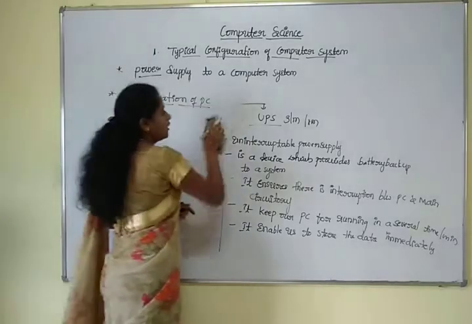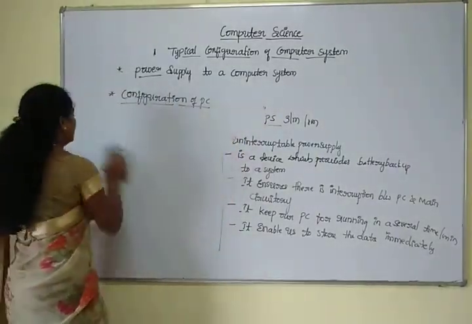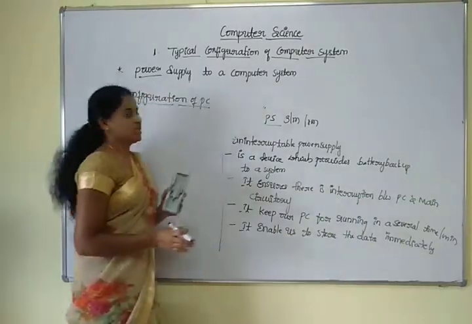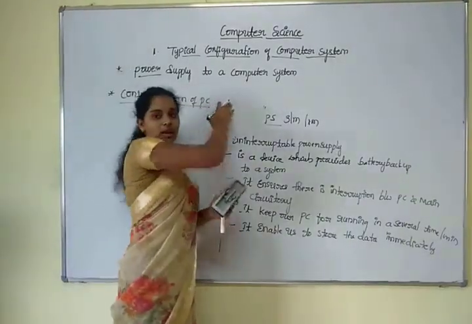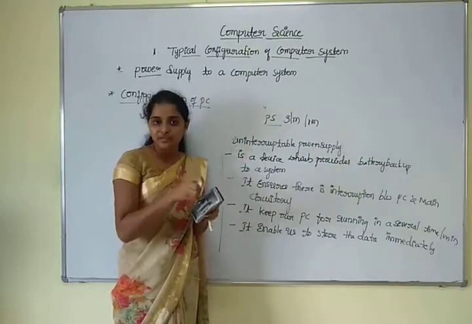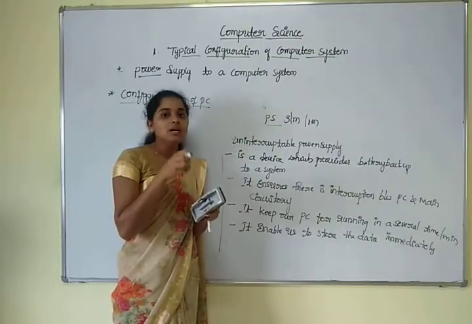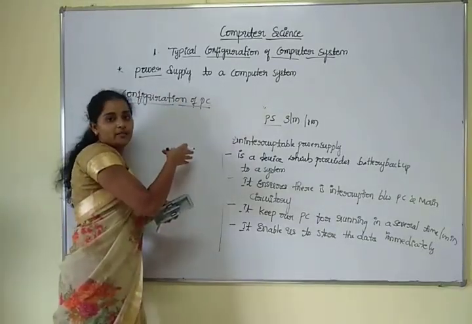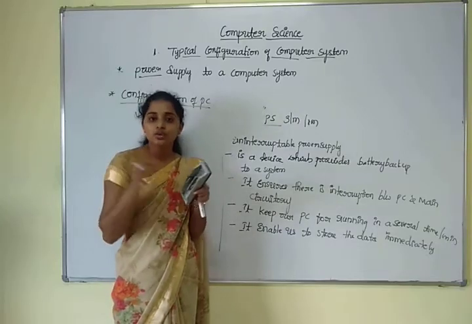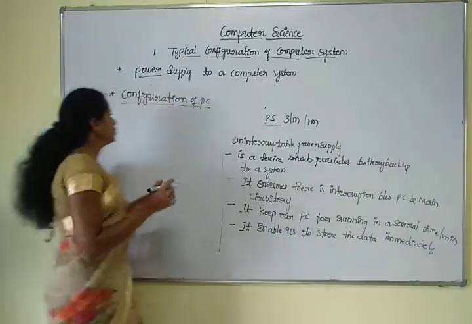This is the last concept in your first unit. Then what is a configuration? Configuration is the process of setting up all the hardware devices and allocating resources to them, so all our hardware devices work together without any problem.